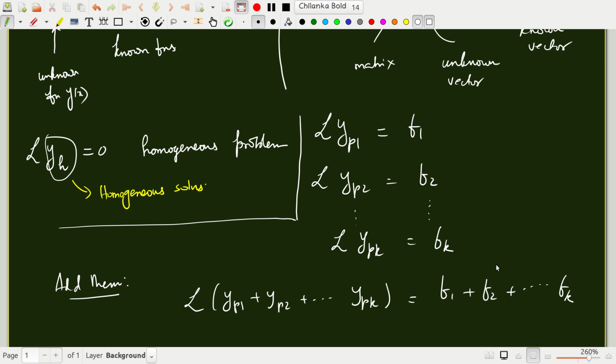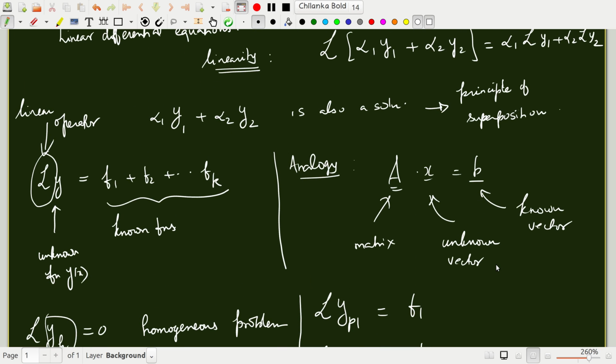But this is what we wanted to solve. These known functions on the right side are variously called inhomogeneous terms, or they can also be thought of as forcing functions.